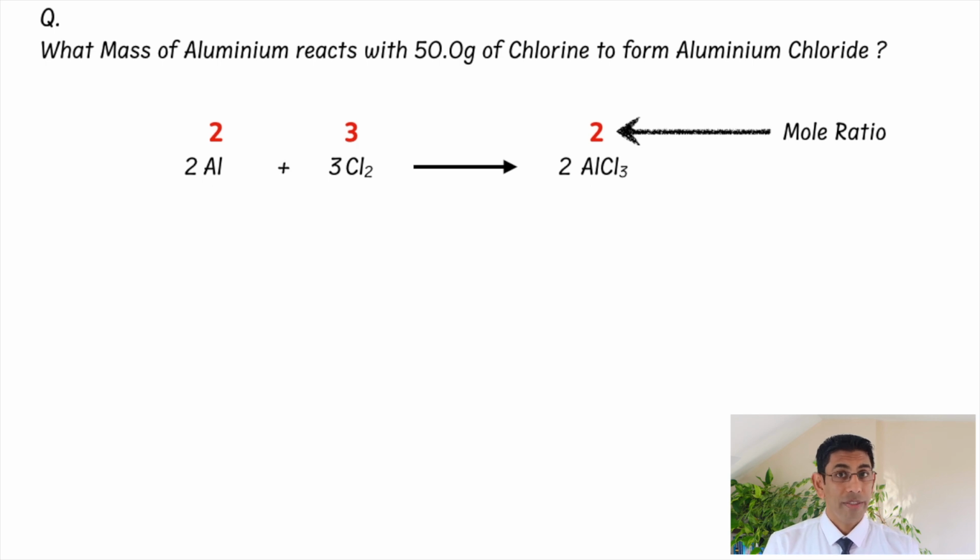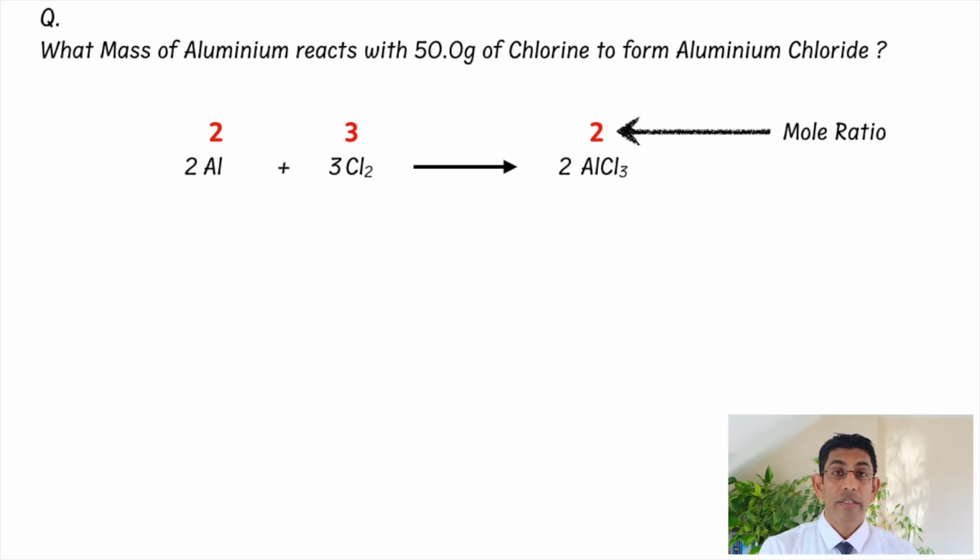If you mess up the equation, you mess up the question. So it is very important to get this right before you start your calculations. So in this case, 2 moles of aluminium react with 3 moles of chlorine to form 2 moles of aluminium chloride. So this is our ratio.